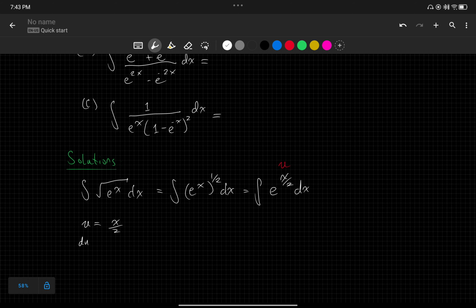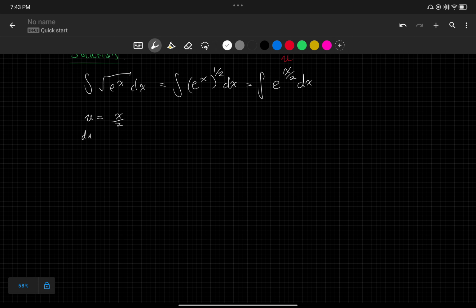Du is going to be 1/2 dx. All right, so then I guess you can multiply times 2 because you do need the dx to be by itself right there, and as a result the 2 cancel, so you get 2 du equals dx.